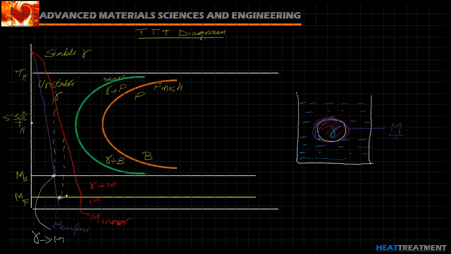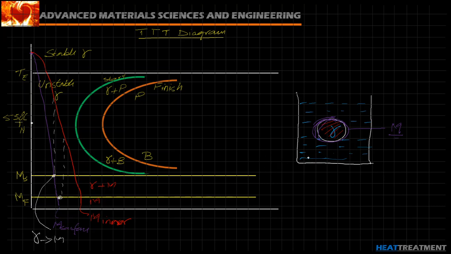Now here this purple is showing the outer layer of the austenite that is transformed to martensite, whereas this red curve shows the inside cooling of the austenite that has still to transform to martensite. And all this is happening because the entire component is not transforming to martensite at the same time.